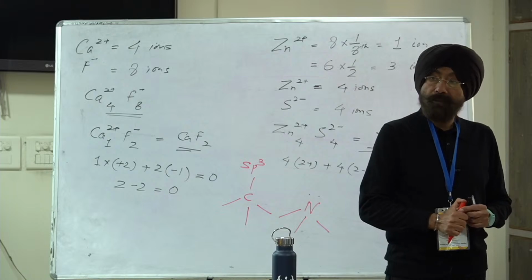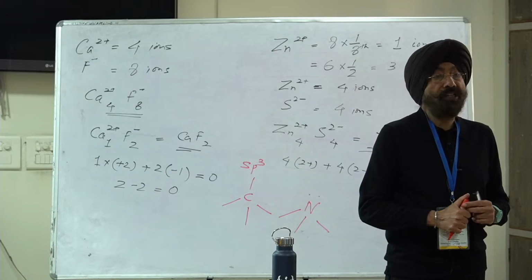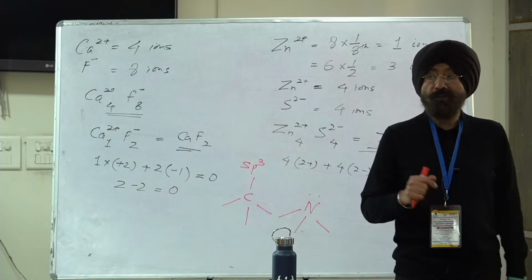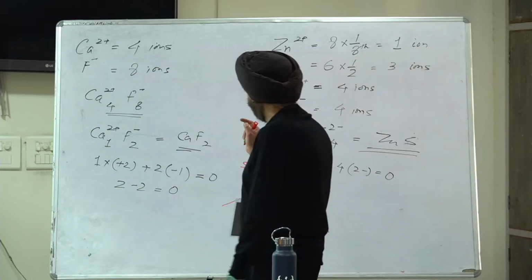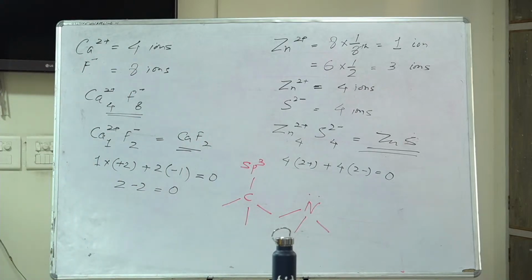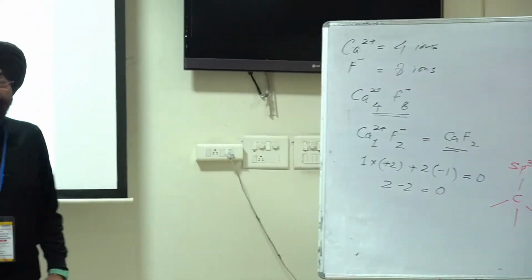Pyramid is the shape, not the geometry. When we say geometry, it means that you have to name the geometry. So tetrahedral is right for methane, and likewise for ammonia, what is the geometry? Again tetrahedral.